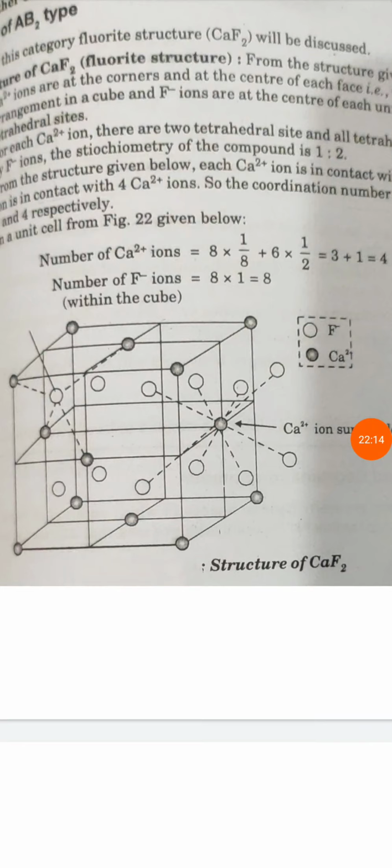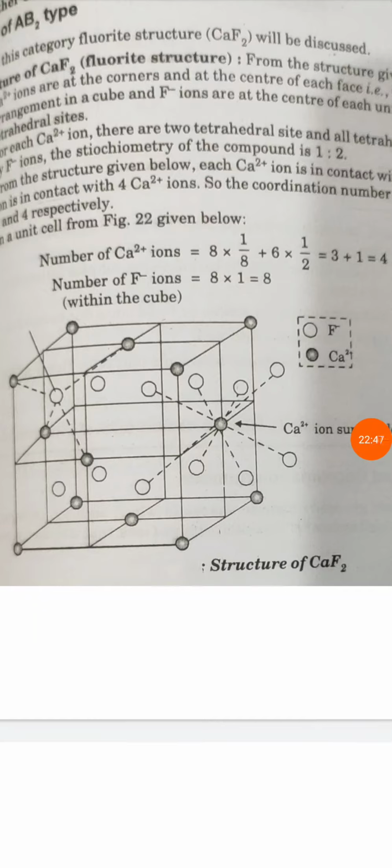And if the limiting radius ratio is in the range of 0.414 to 0.732, then the coordination number will be 6 and the structure will be octahedral, and an example is NaCl. When the limiting radius ratio is 0.225 to 0.414, the coordination number will be 4 and the structure will be tetrahedral, and an example is zinc sulfide.